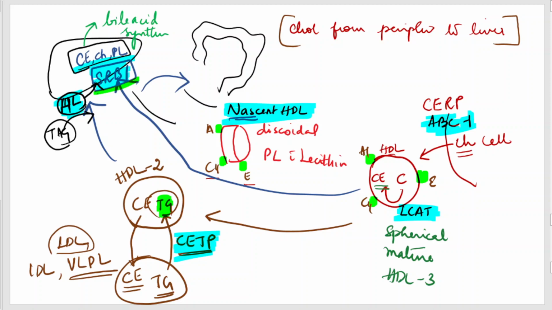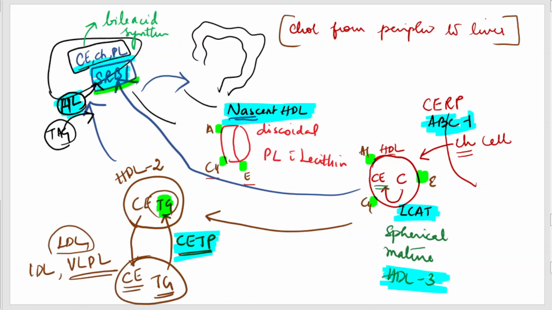To trap this cholesterol, we convert it into cholesterol ester with the help of lecithin cholesterol acyl transferase. As more cholesterol becomes cholesterol ester, it becomes spherical and mature, and this is now called the HDL3. This HDL3 again has ApoA1, C2 and E. This LCAT is activated by ApoA1.